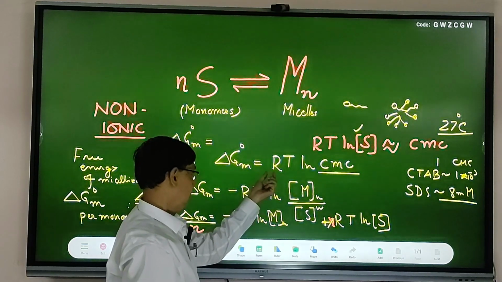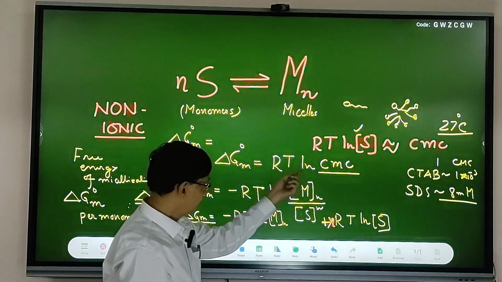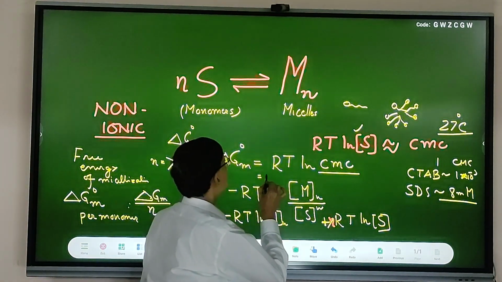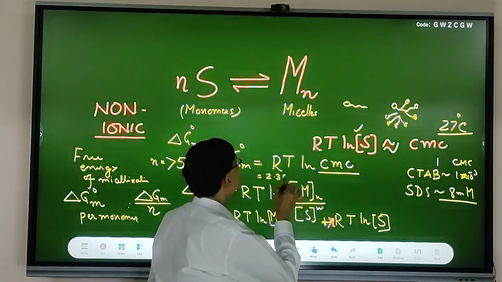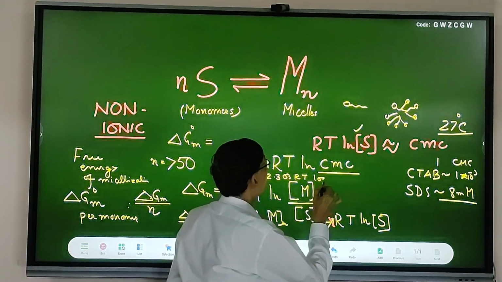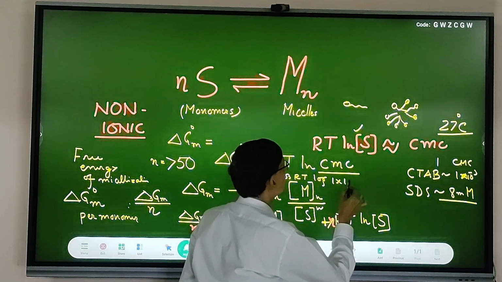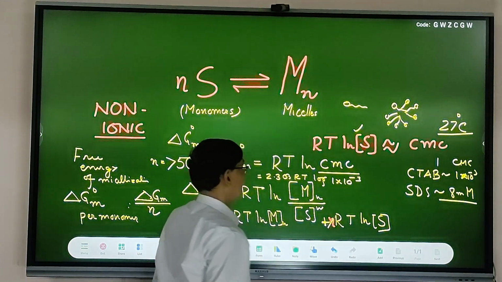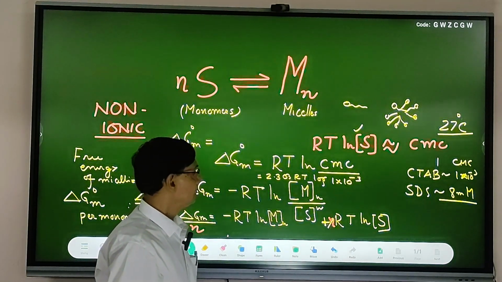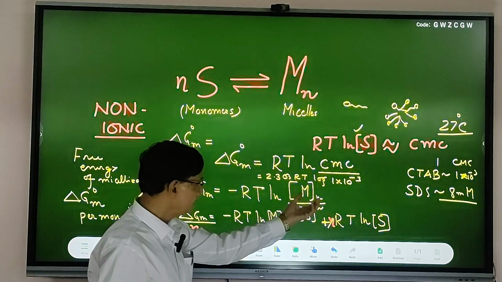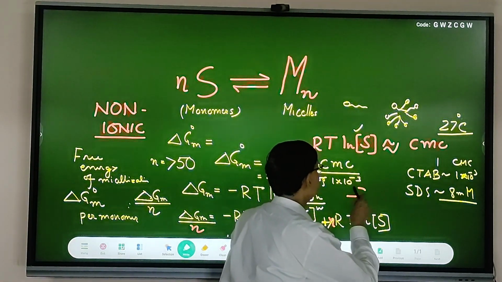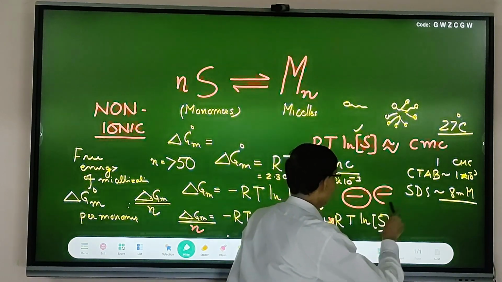And if I just convert it into log, it will be delta Gm is equal to 2.303 RT log of 1 into 10 to the power minus 3. And R, in the SI unit, is 8.31 joule per kelvin per mole. But the solution is that every time we will get negative value.